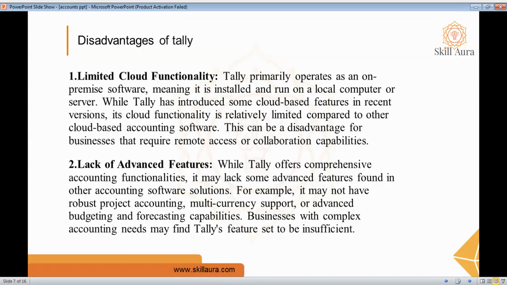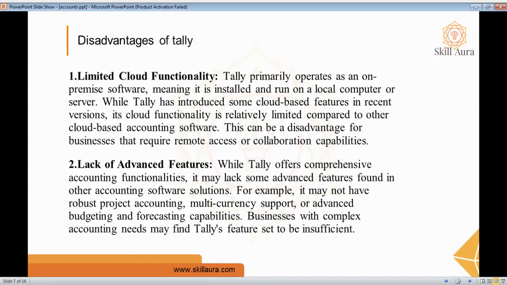For example, it may not have robust project accounting, multi-currency support, or advanced budgeting and forecasting capability. Businesses with complex accounting needs may find Tally's features to be insufficient.